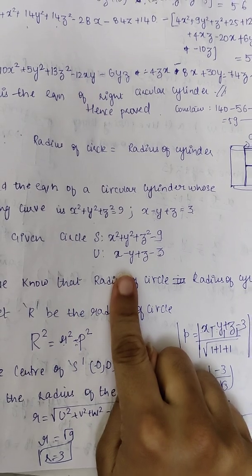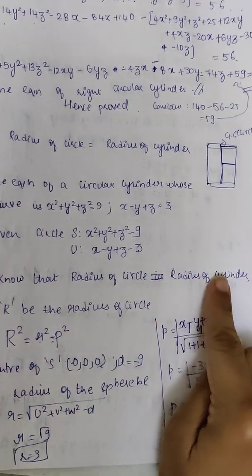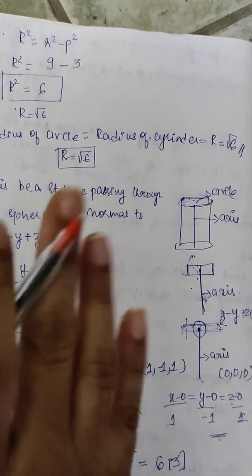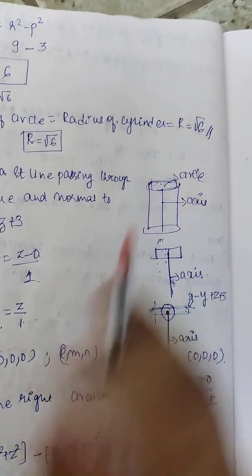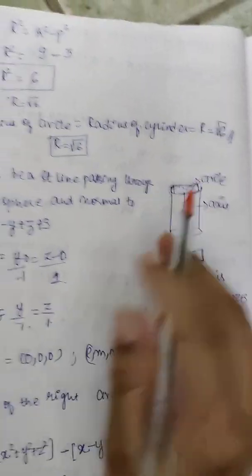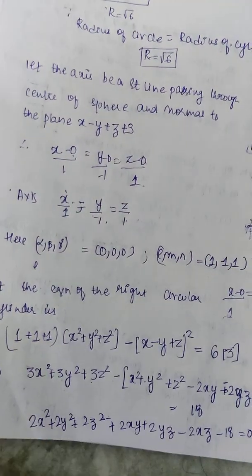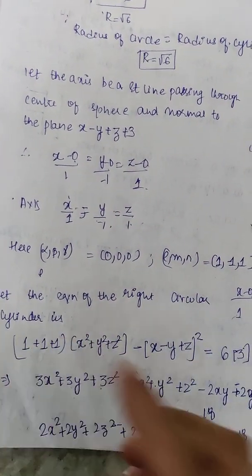Remember that the radius of the circle is the same as the radius of the cylinder, so I'm going to use the same procedure. And then this is the equation of a line. The axis is nothing but the normal to the plane and it is passing through the center of the circle. Using that, solving, I will get the equation of the right circular cylinder.